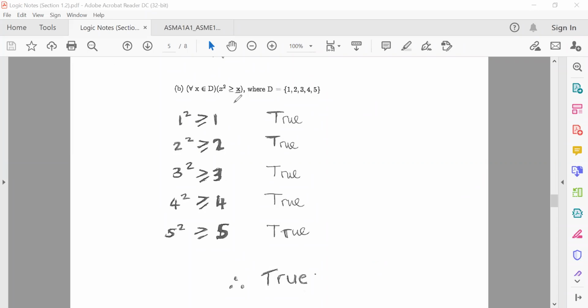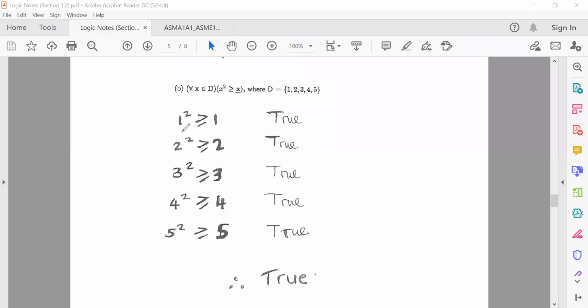To prove this true or false, if it's false, you just need to spot one that doesn't work. That's your counterexample, you're done. But if it's true, then you need to exhaust the whole set. You do proof by exhaustion. It means you need to use each of these numbers here and show that it's true.